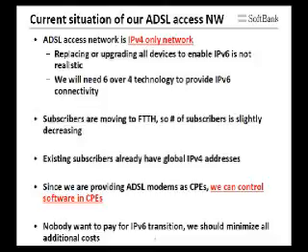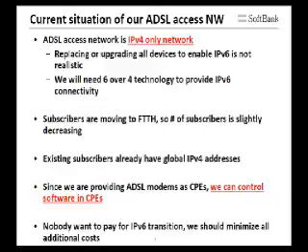This slide shows the current situation of our ADSL access network. Our ADSL access network is an IPv4-only network. So replacing or upgrading old devices to enable IPv6 is not realistic. The number of equipment is more than 10,000, so it's impossible.